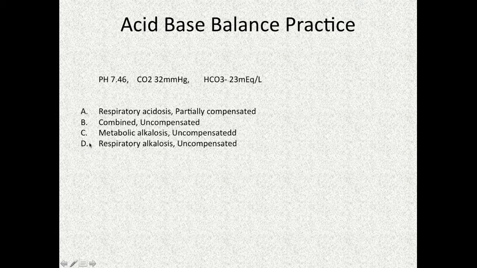Now, if the HCO3 was abnormal, if there was some compensation here, let's say we wanted to convert these values into a partially compensated respiratory alkalosis, then that would mean that the HCO3 would be abnormal in the acidotic direction. And what makes a change in HCO3 acidotic is if it's too low.